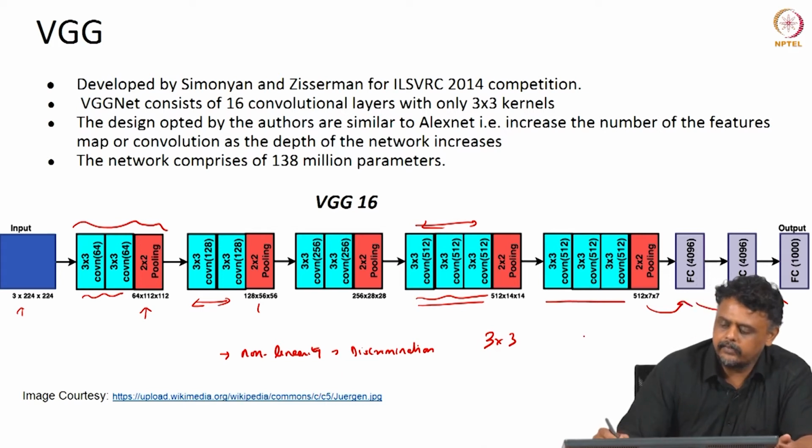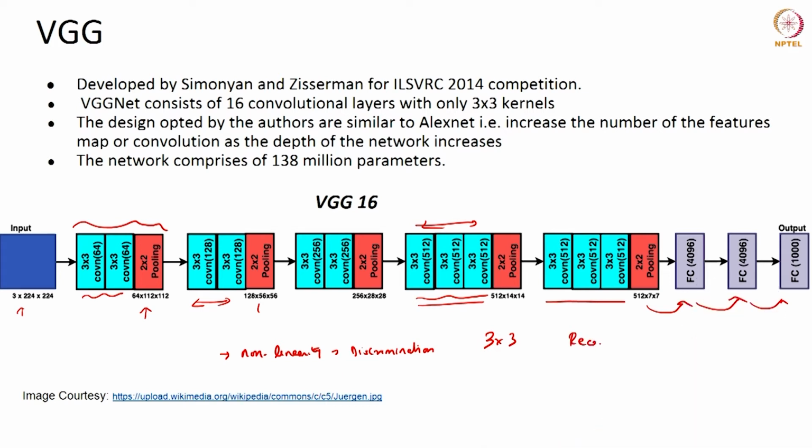The second advantage is in terms of the receptive field. The authors also mentioned this. For instance, look at these 2 3 cross 3 convolutions.